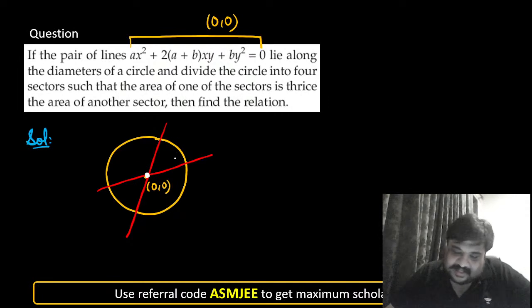Now the area is, one of the sectors is thrice the area of the other. So this area is thrice of this one.